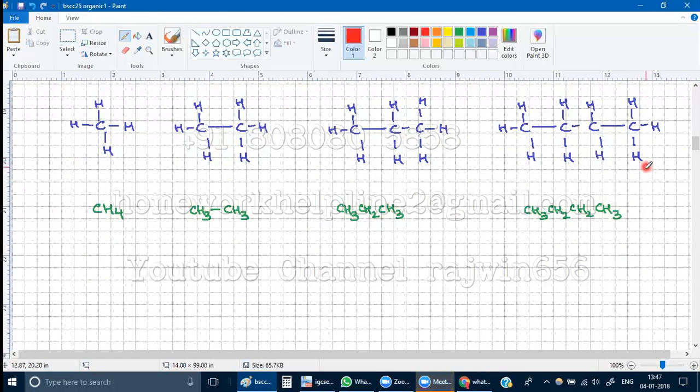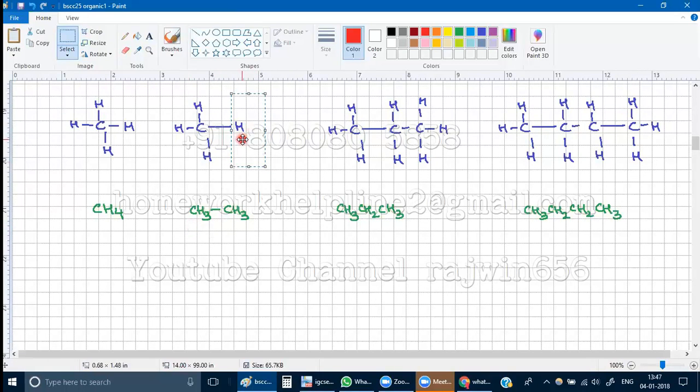These are the structures that we have already drawn. Now, this is methane. I'm going on to the next hydrocarbon. Here, it's bonded to the next carbon atom. Each one of these carbon atoms is going to have 4 bonds, and hydrogen has a single bond. If this part were not there, this would become methane.